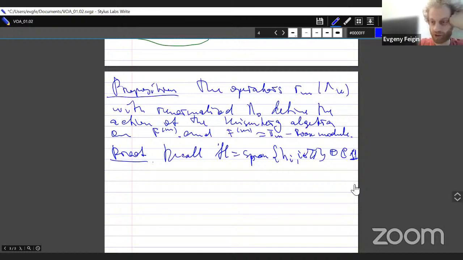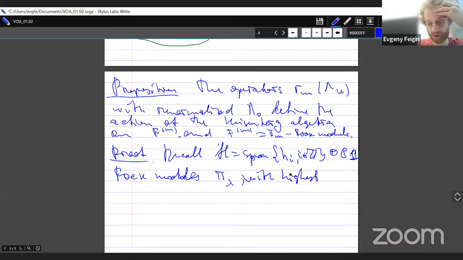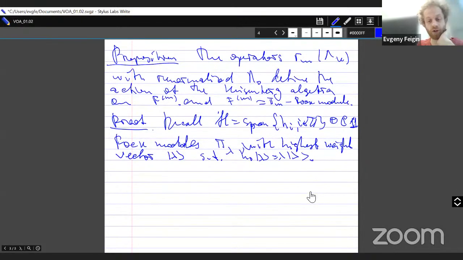Okay, and then the Fock modules are π_λ, with highest weight vector λ, such that h_0 λ is λ times λ.